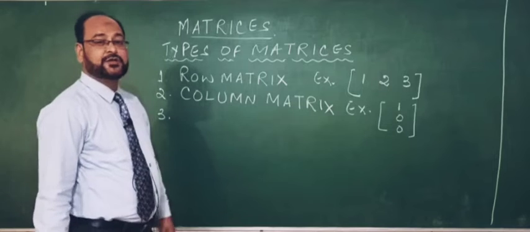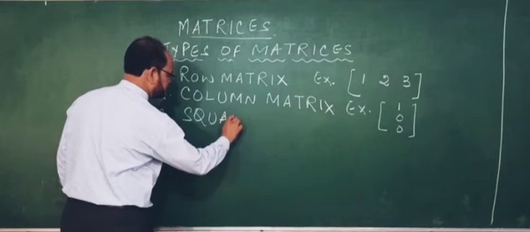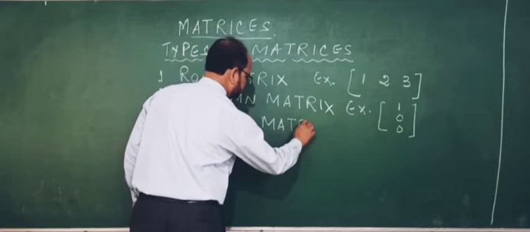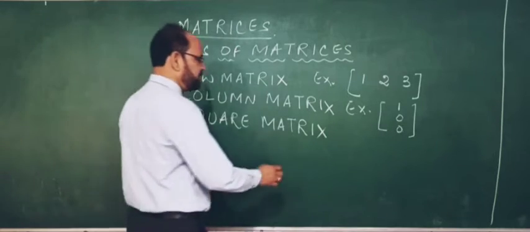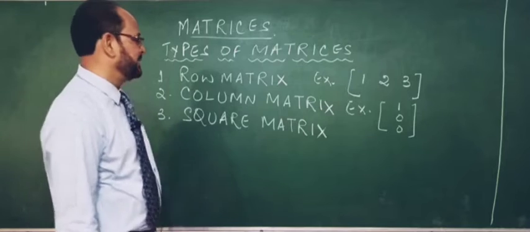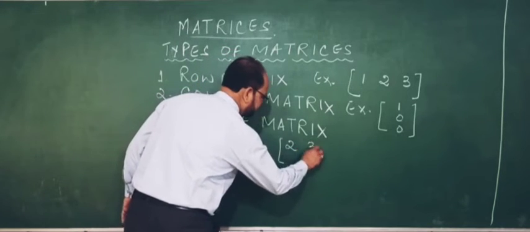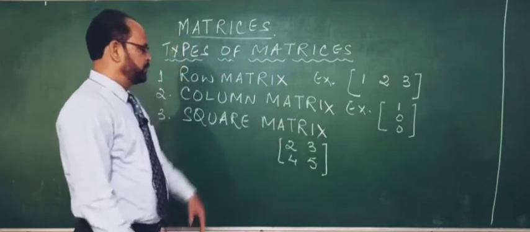Third is square matrix. A matrix in which the number of rows and columns are equal, it is called a square matrix. So you can write 2, 3, 4, 5.